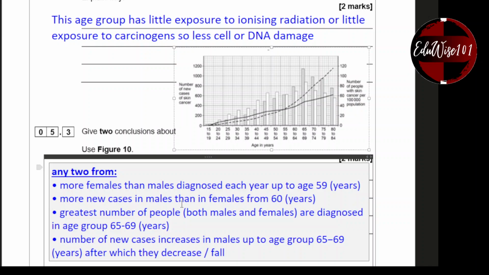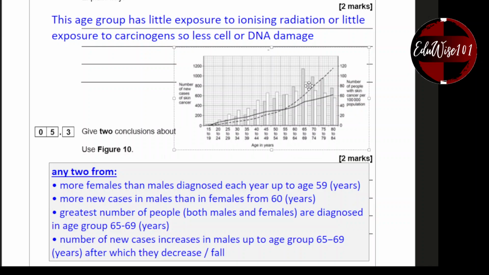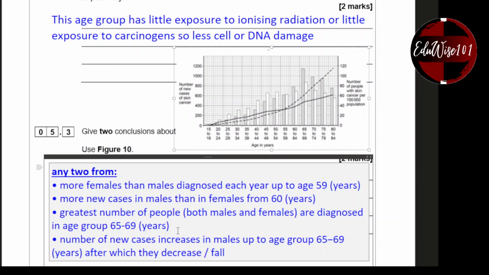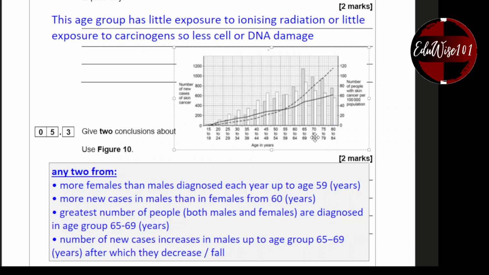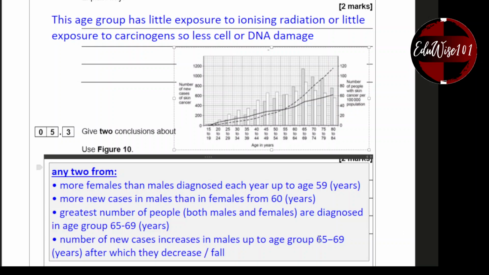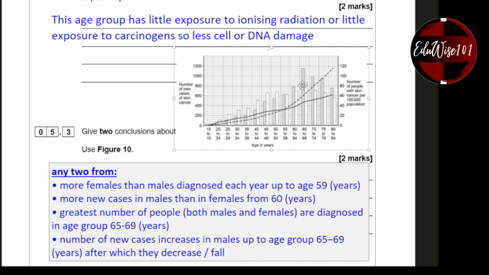More new cases in males than in females from 60 years onwards. The greatest number of people in both males and females are diagnosed in the age group around 65. In this age group, the bars are the highest in both cases. And the number of new cases increases in males up to age 65 to 69 and then decreases. From that point on, it is going down.